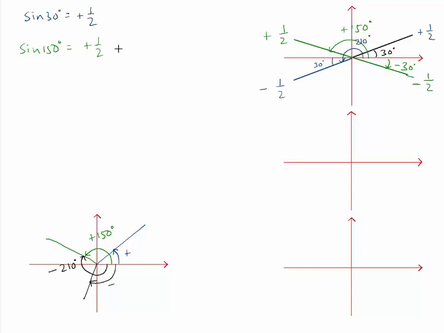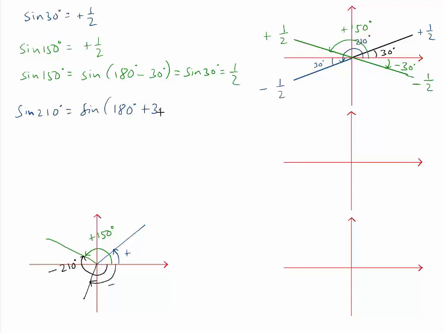Another way of doing the same thing is we can write sine 150 as sine of 180 degrees minus 30 degrees. Now using the previous table we saw, this would be equal to sine 30 degrees, so that would be equal to half. Now let's see the other one, sine of 210 degrees, which would be equal to sine of 180 degrees plus 30 degrees.